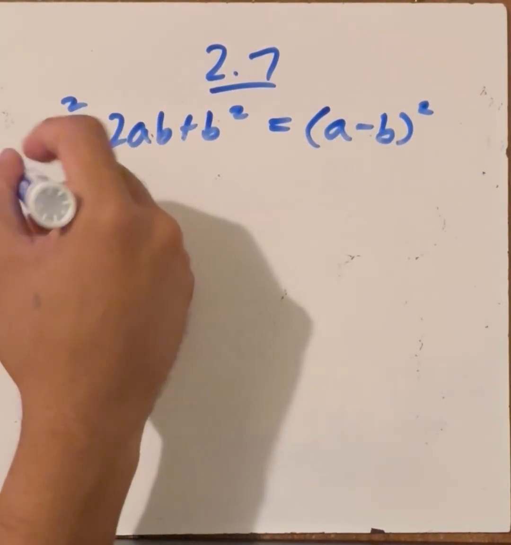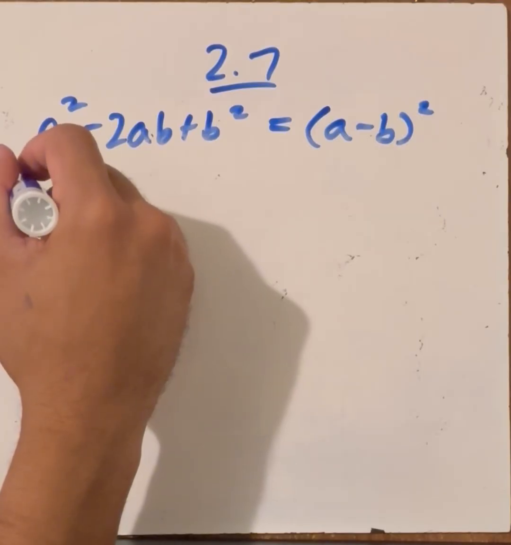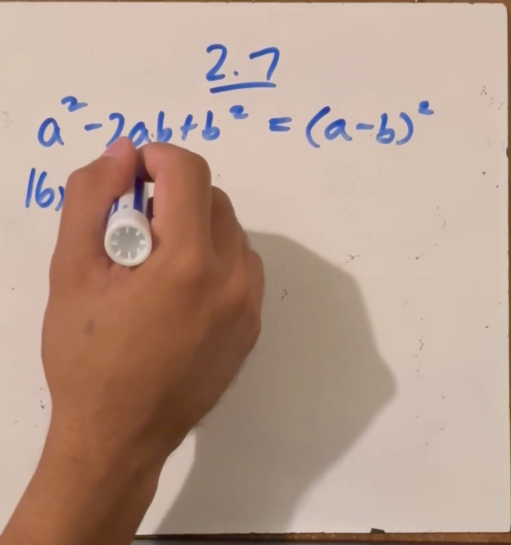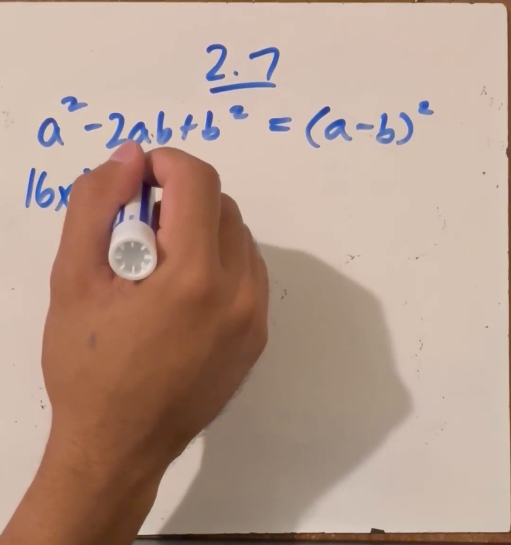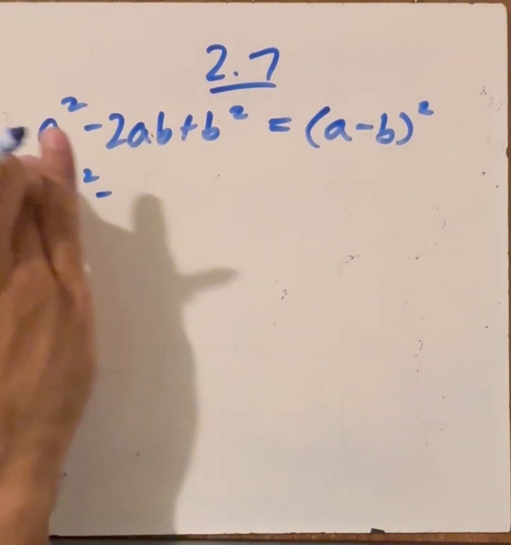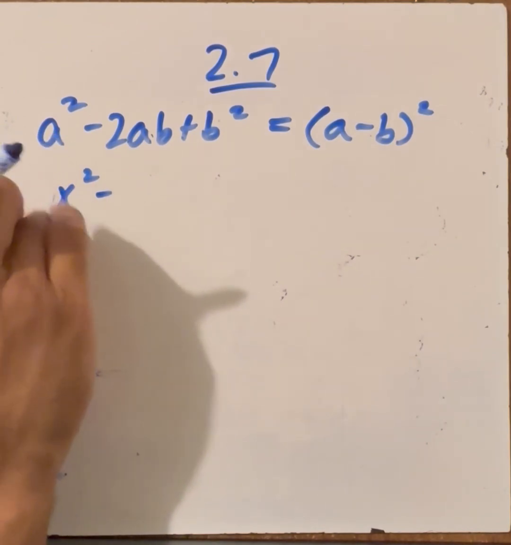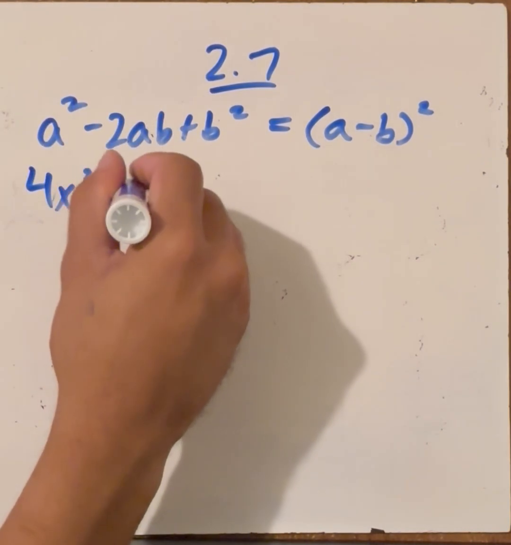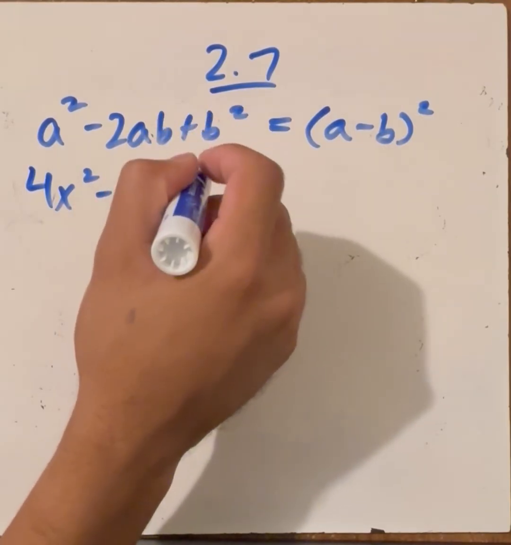So for example, if we saw something like 4x squared minus 12x plus 9.